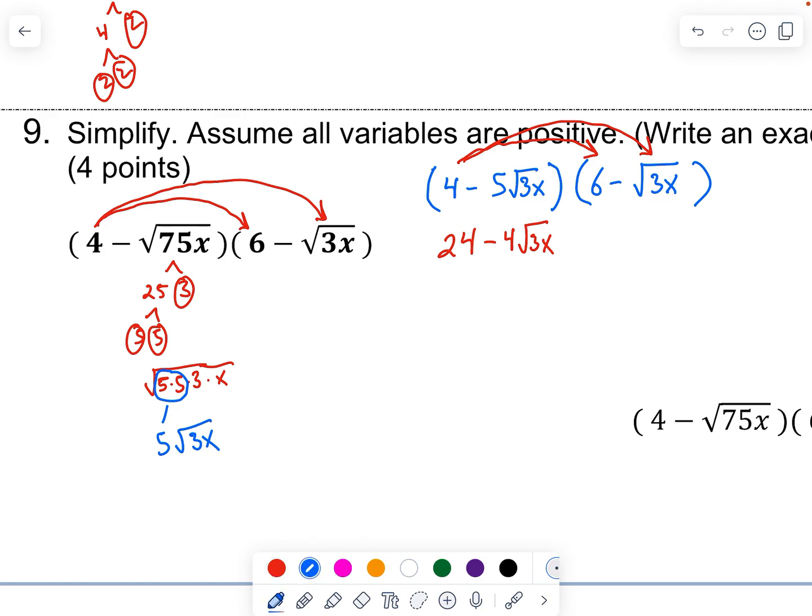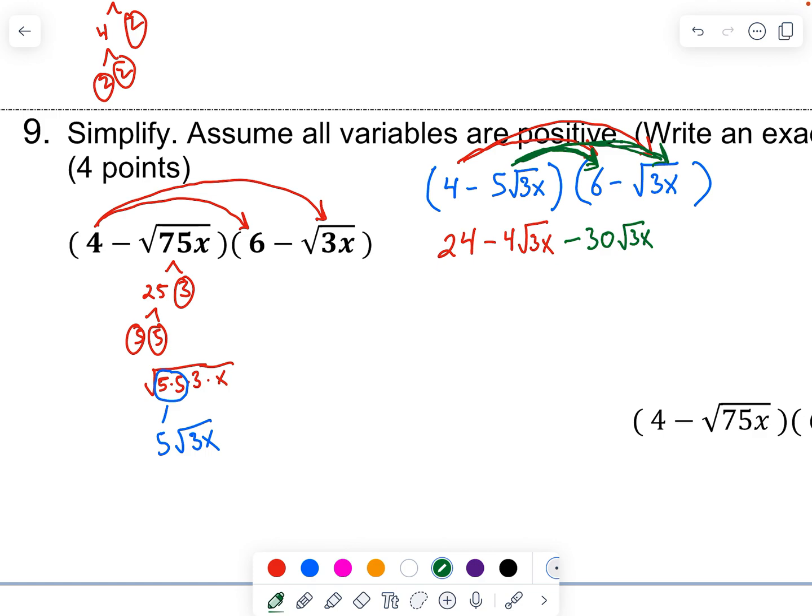I've distributed that 4. Now it is time for me to distribute that negative 5 square roots of 3x. So negative 5 square roots of 3x times 6 is going to give me negative 30 square roots of 3x. And then I've got to multiply these last two here.